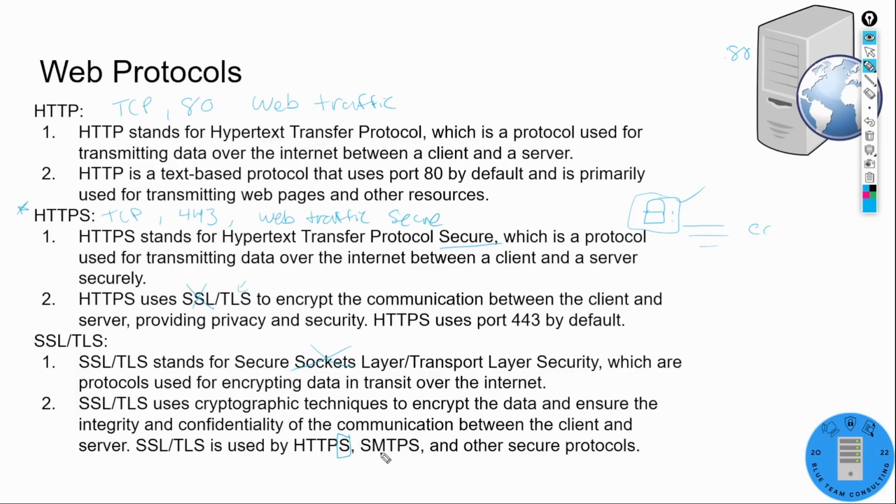Since we covered mail, this is mail secure. So SMTPS will have a different port than regular SMTP, which was on port 25. So if you want to encrypt your data, you should be aware that we're using TLS, and it will change your protocol to have an S after it most of the time, and it's a way to have secure communications.